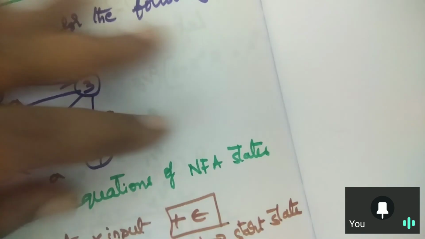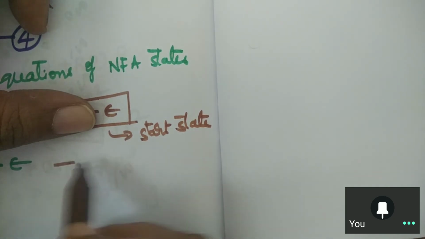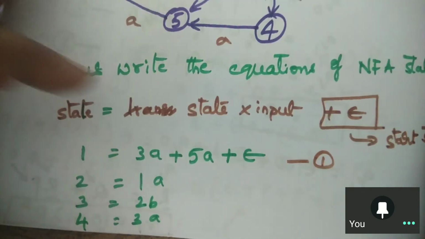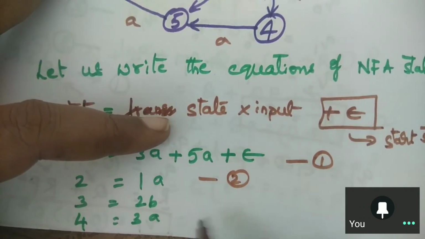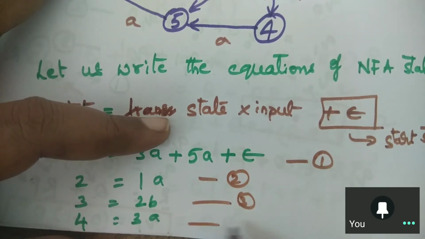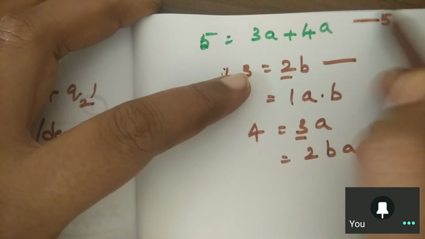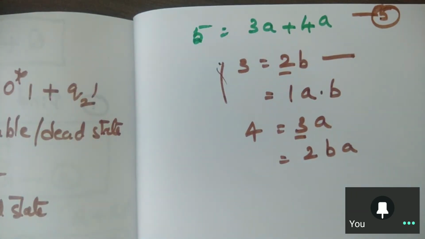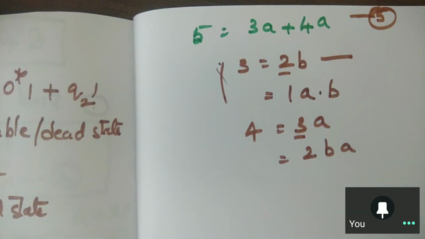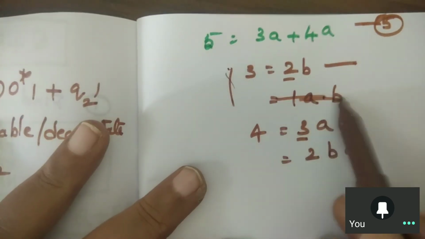First let us number these equations. 1, 2, 3, 4 and 5. Okay. So 3 is 2b. Just I have taken it as it is.